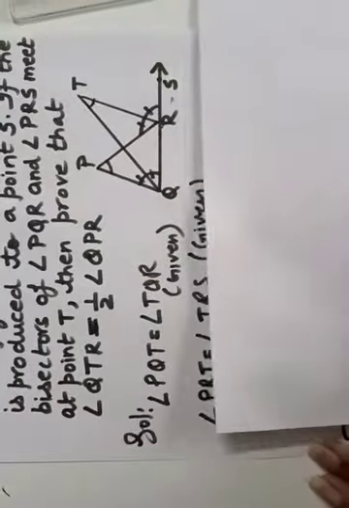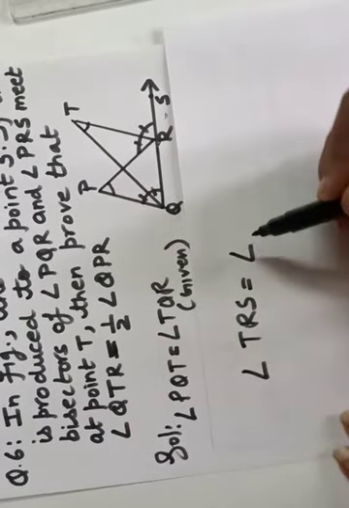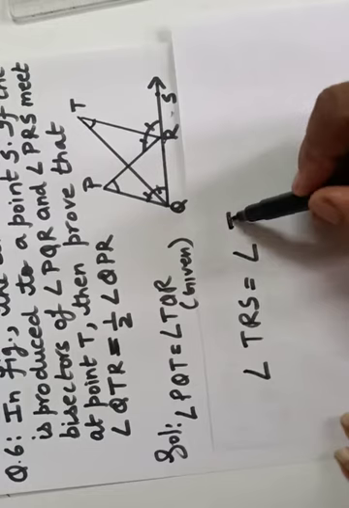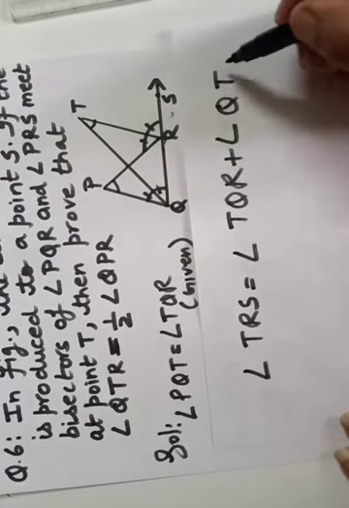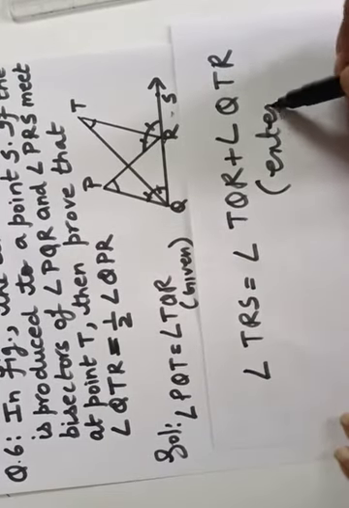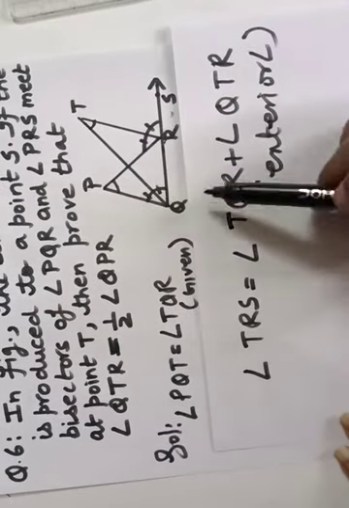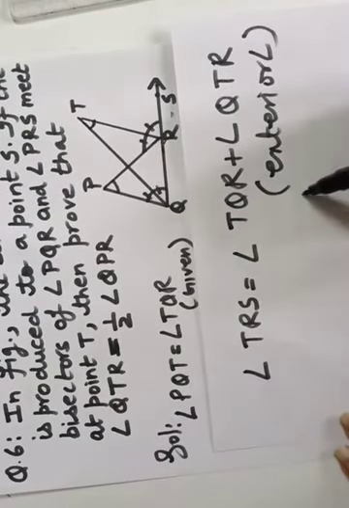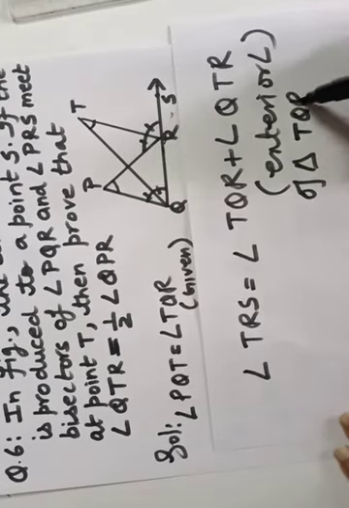So see, angle TRS is equal to angle TQR plus angle QTR, again an exterior angle. Angle TRS is the exterior angle of triangle TQR.